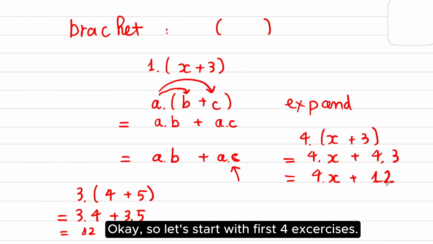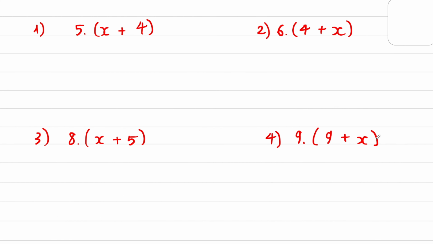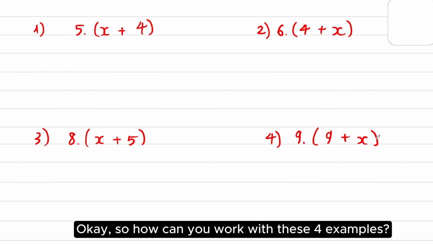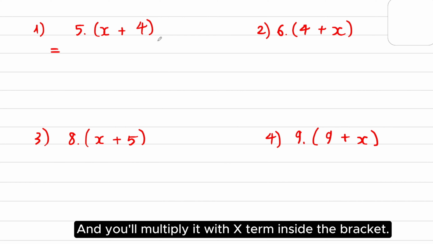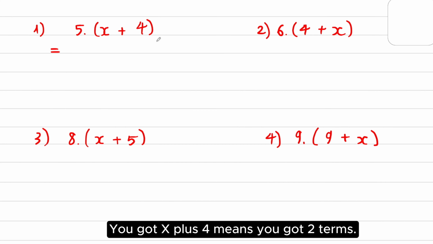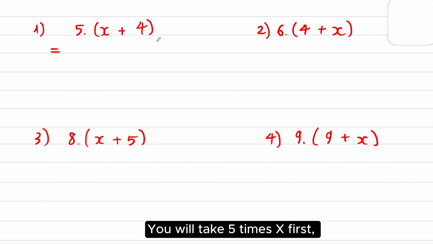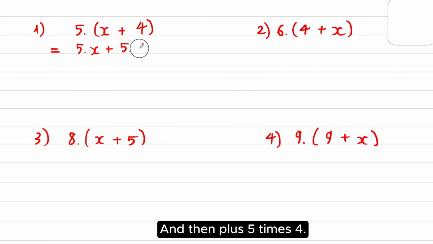Okay, so let's start with the first of 4 examples. How can you work with these 4 examples? The first thing, you take the number outside the bracket and multiply it with the x term inside the bracket. Inside the bracket you have x plus 4, which means you have 2 terms. You take 5 times x first, and then plus 5 times 4.